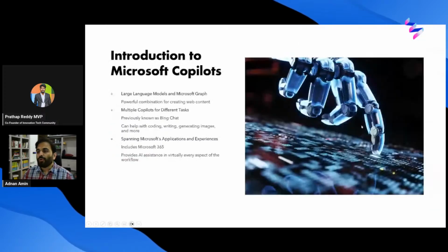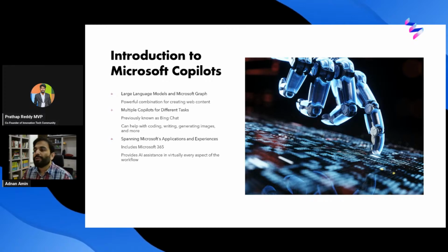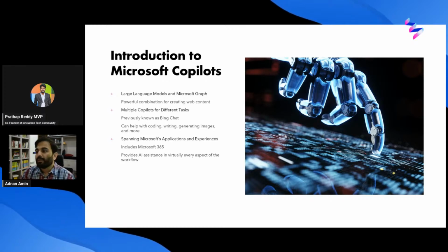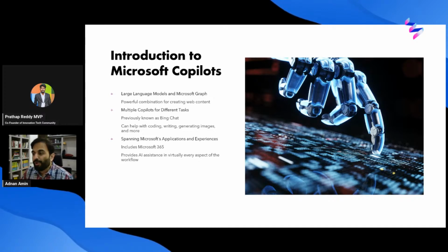First of all, let me open the slide here. Microsoft Copilots are a combination of large language models and data available through Microsoft Graph, where you have access, and it returns and creates web content.